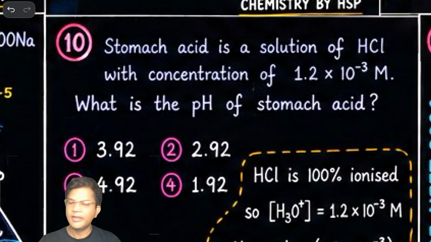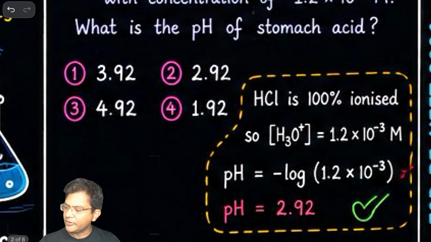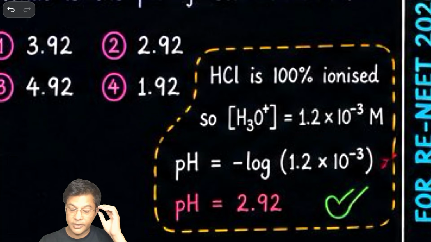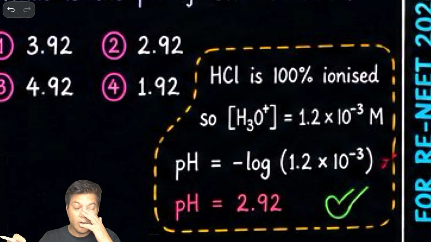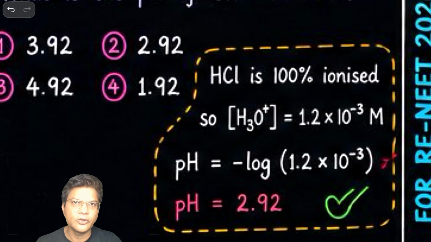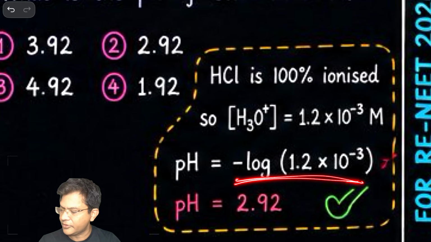Now see, HCl is a strong acid. So HCl is 100% ionized. So H plus concentration we will get in full, that is 1.2 into 10 to the power minus 3. Now let's apply the formula of pH. pH is equal to minus log of H plus concentration.